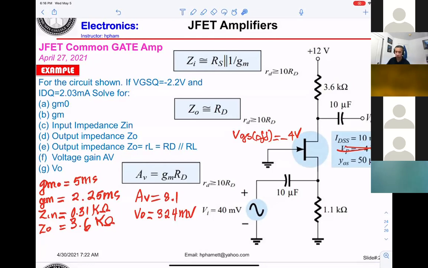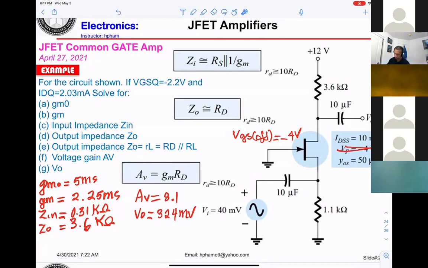Now, I ask you a question. If I want you to measure the voltage here, which test equipment are you using? Can you repeat the question?